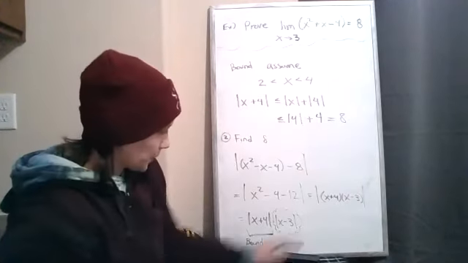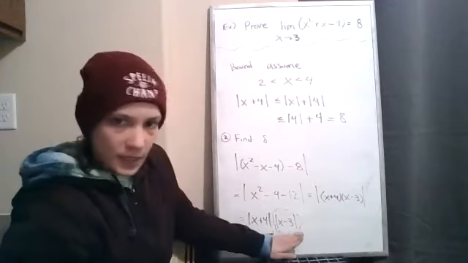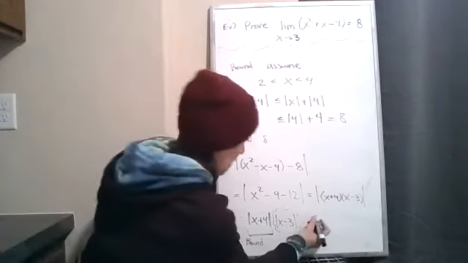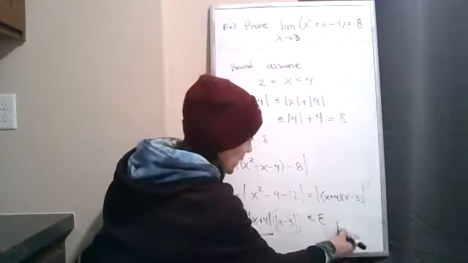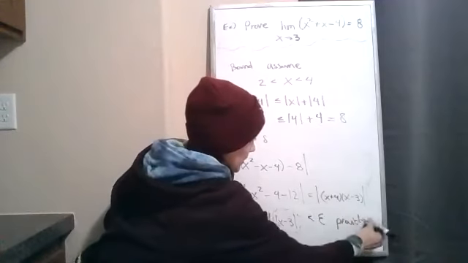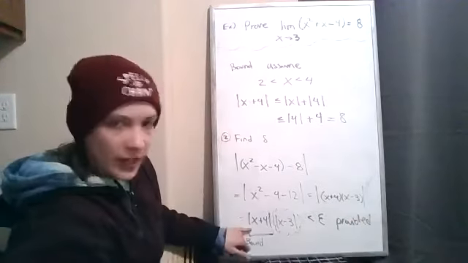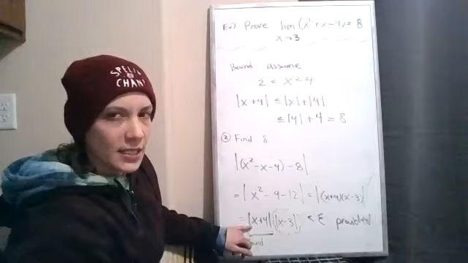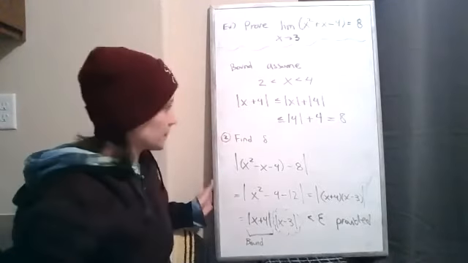So this is less than epsilon, provided the absolute value of x minus 3 is less than epsilon over 8.